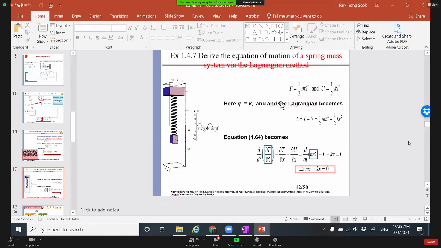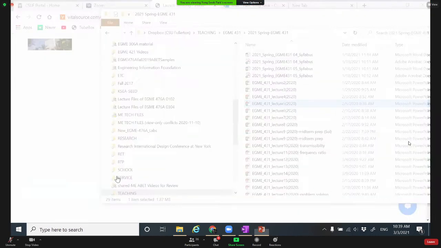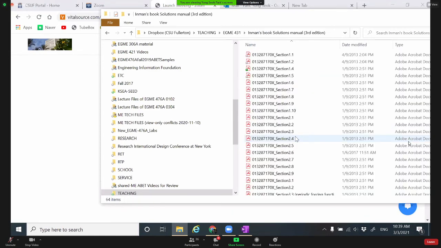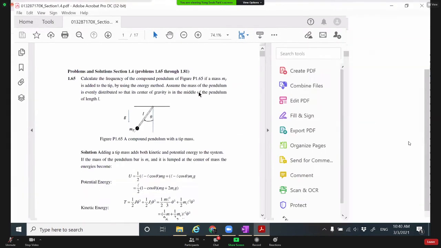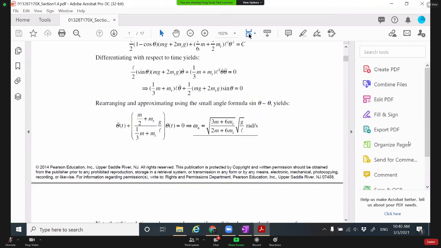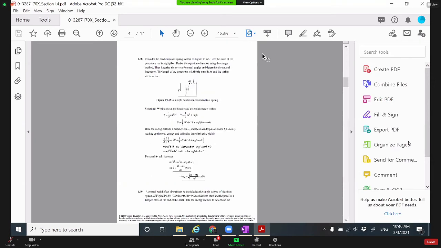Okay, I understand. Then what is the solution? I did not cover that part, but now you're going to see this problem. I taught this one 2 years ago. I never really did.